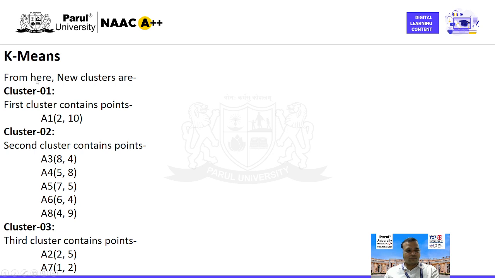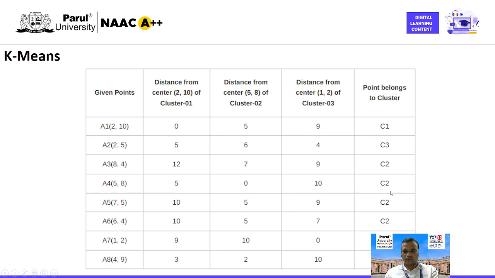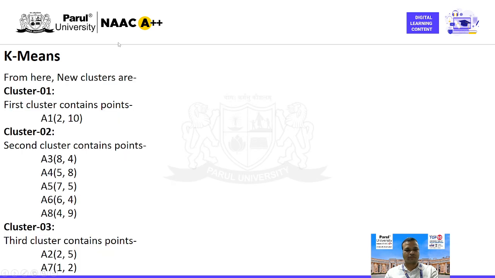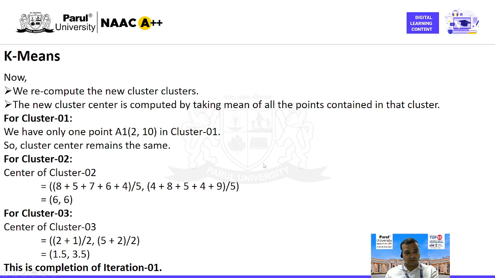So cluster number 1 has only one point, cluster number 2 has 5 points, 1, 2, 3, 4, and 5, and cluster number 3 has 2 points. You can see here. Okay. Now there are three clusters.